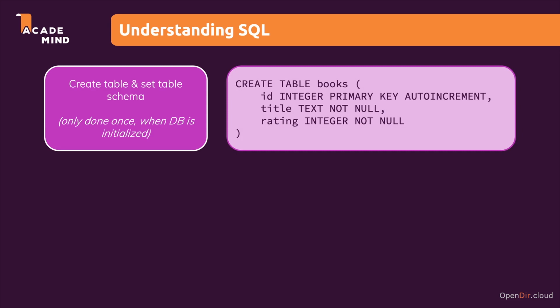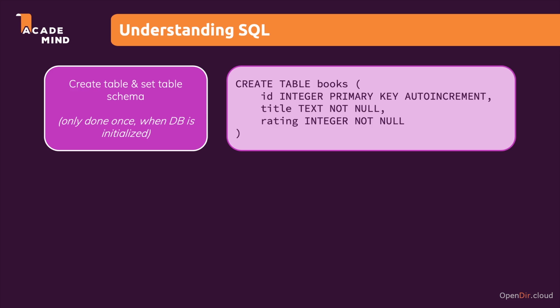That's how the SQL syntax looks like. And this is a command we could run initially when we're getting started with our website to set up the database structure. To add a new table named books in this case, which has 3 columns, an ID, a title, and a rating column, where we then also assign certain value types and settings to those columns.